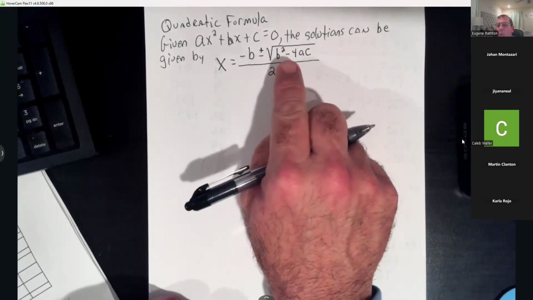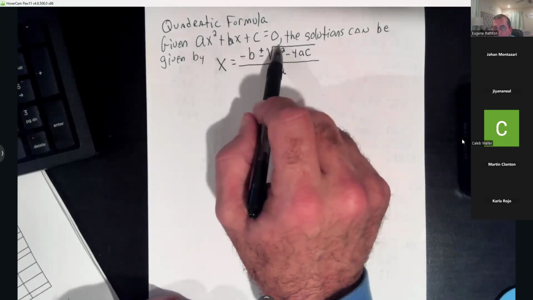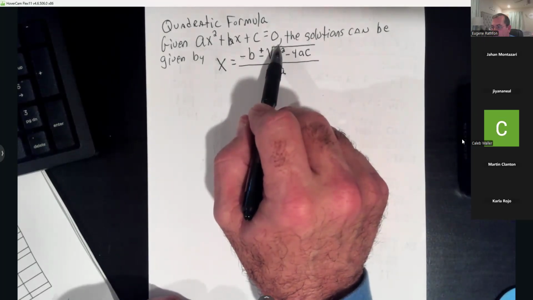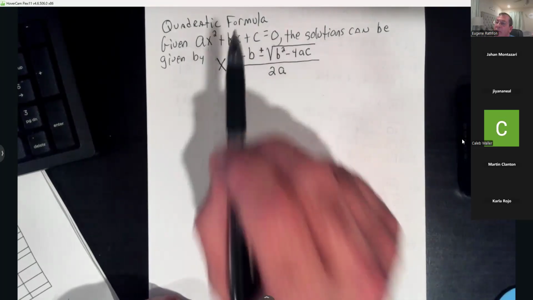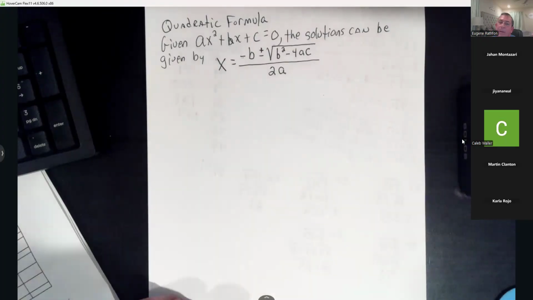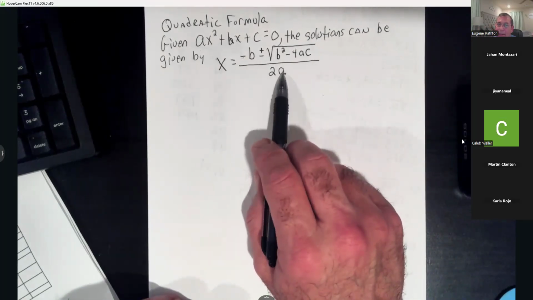Now, the quadratic formula will solve any quadratic equation. Some quadratic equations can be solved by factoring, but y'all, if you can't get it to factor, you got to use the quadratic formula to get them answers, okay?